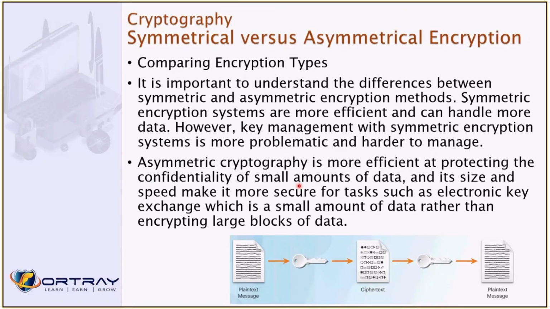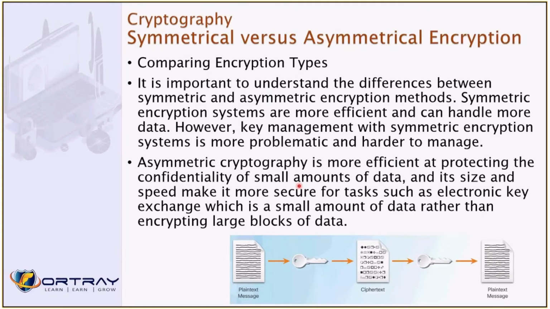Asymmetric cryptography is more efficient at protecting the confidentiality of a small amount of data, and its size and speed make it more secure for tasks such as electronic key exchange, which is a small amount of data, rather than encrypting a large bulk of data. A large amount of data should use symmetric. These are use cases where you compare them together.